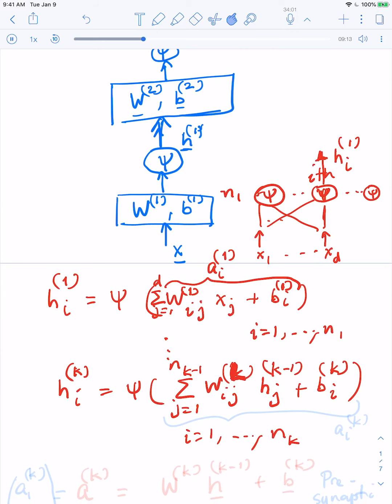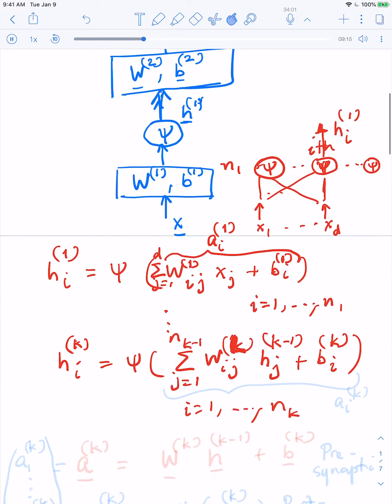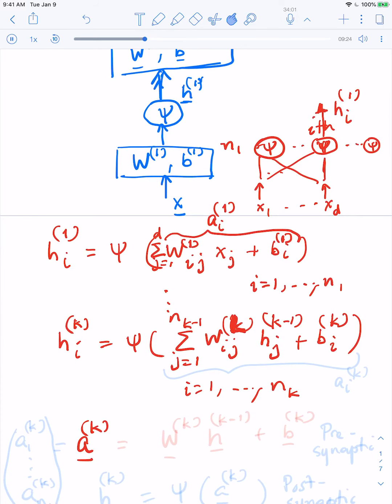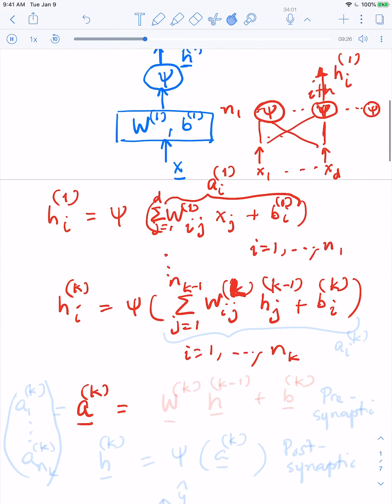So let me write this out in matrix form. I'm going to define these intermediate activation variables that are linear functions of the previous layer outputs. So a^k is W^k times h^(k-1) plus b^k. This is what comes of collecting the previous equations.